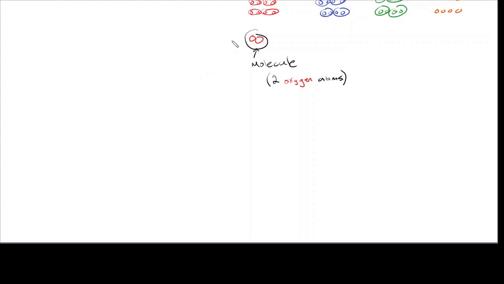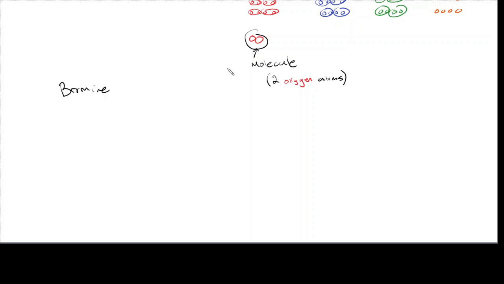So, what's the importance of this? On a macroscopic scale, everything we see is composed of either atoms or atoms that are connected together. We call them molecules. And that gives us different kinds of substances. So a good example of this would be something like bromine.